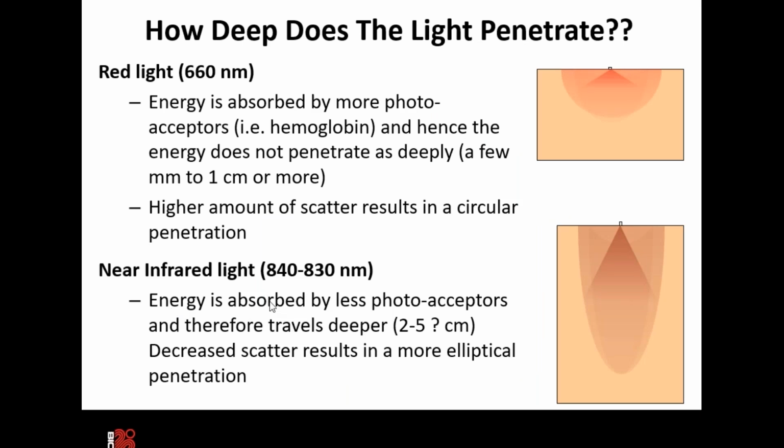So red light, unfortunately, being absorbed by hemoglobin doesn't penetrate as deep, whereas that near infrared light, being less absorbed by hemoglobin, can travel much deeper. It depends on the tissue, depends on skin color. There's lots of factors, but it's understood that near infrared light can penetrate several centimeters deep into the human body.